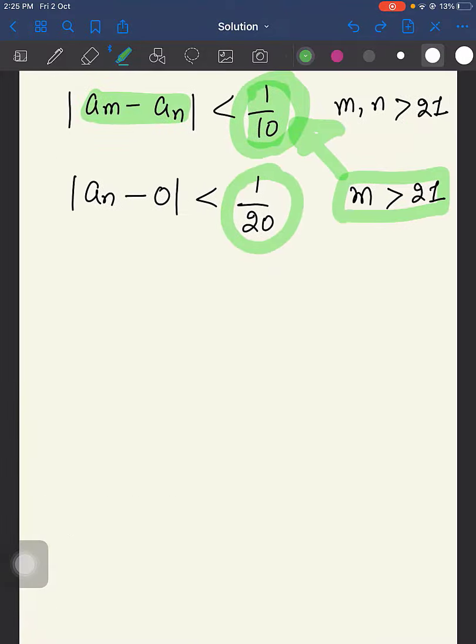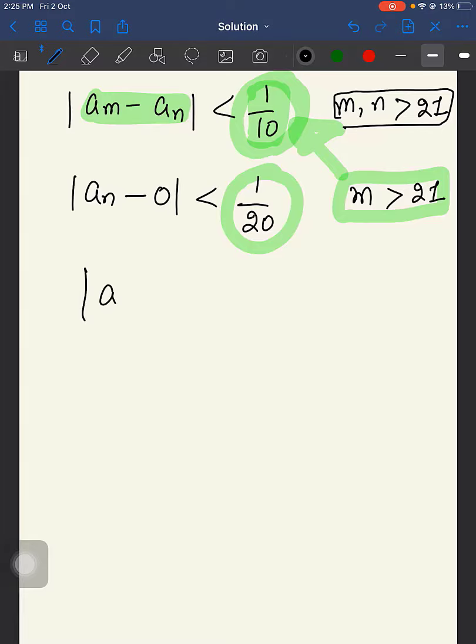So you may take another example and you may further prove that this makes sense. After this cutoff, you may take other examples to show that this difference is always less than 1 by 10.